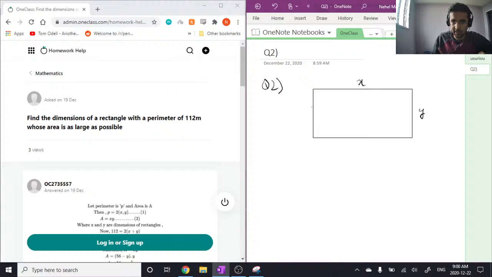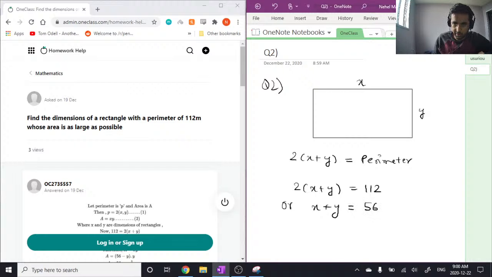So in this case, it's 2x plus 2y, or 2 times x plus y is equal to the perimeter. We're given the value, so 2 times x plus y is equal to 112, or x plus y is equal to 56, since you can divide both sides by 2. Okay, so that's our first equation.